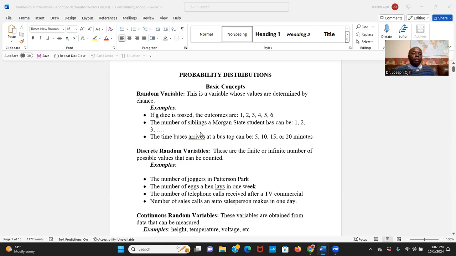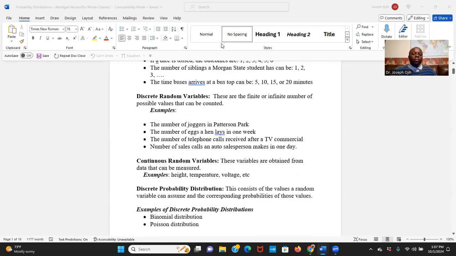Now, there's one that we call a discrete random variable. A discrete random variable is a random variable that has a finite number of values that can be counted. That's why we call it discrete.